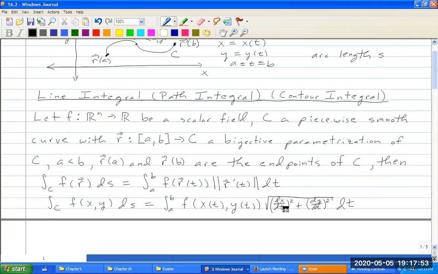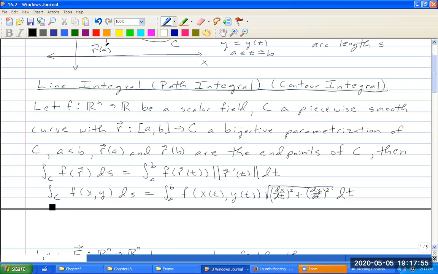This is equal to the integral over the curve C of f of x, y ds, which is the integral from A to B of f evaluated at x of t comma y of t times the square root of the derivative of x with respect to t squared plus the derivative of y with respect to t squared, integrated with respect to dt.